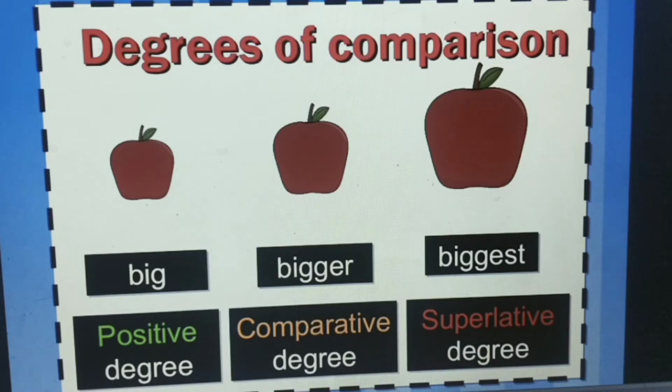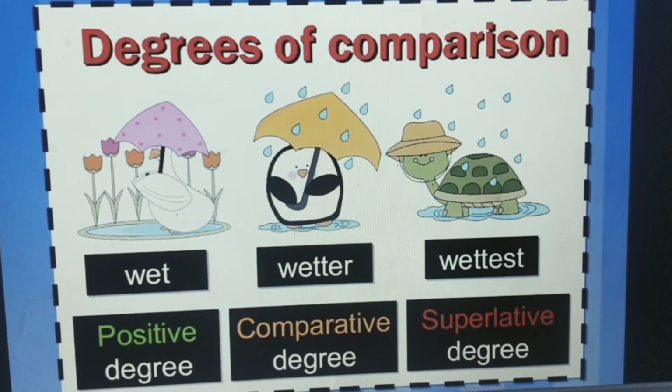Big is positive degree, bigger is comparative degree, biggest is superlative degree. Wet, wetter, wettest. Wet is positive degree, wetter is comparative degree, wettest is superlative degree.